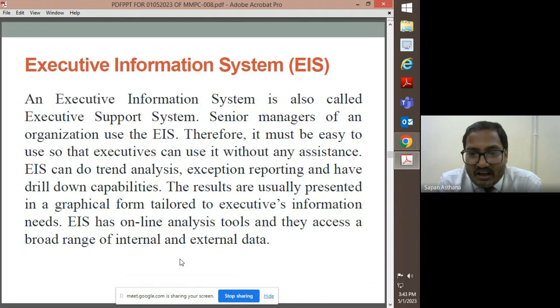The results are usually presented in graphical form and tailored to executives' information needs. EIS has online analysis tools and accesses a broad range of internal and external data. These are the various systems prepared by information technology for helping and facilitating the executives.